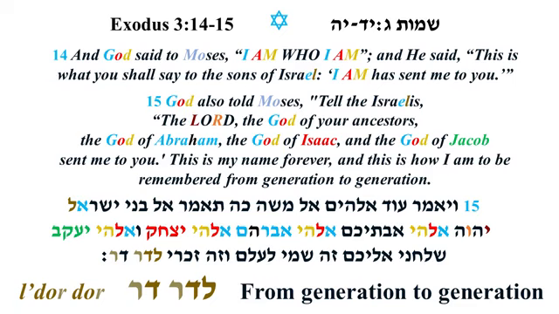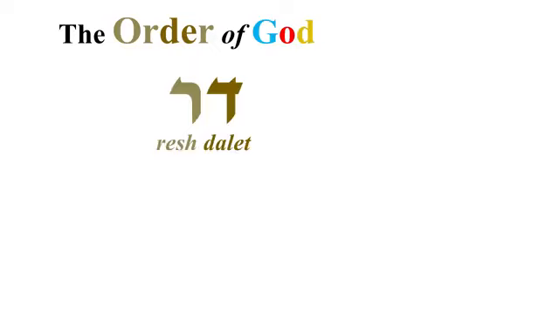And that phrase, from generation to generation, is lador dor. Okay, so the word for generation is dor. Keep that in mind. And notice the order, because that word generation, dor, is a dalet and a resh, two letters that can easily be confused.